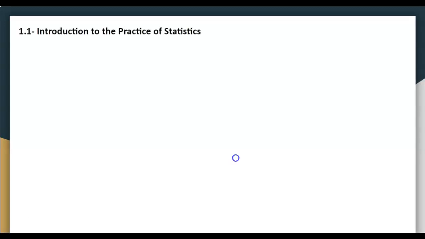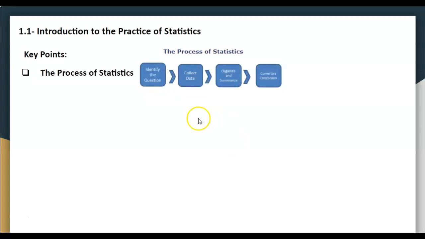All right, to summarize this section, we talked about some of the key points. First, the process of statistics. We learned that there are four steps in the process of statistics. That's identifying the question, then we collect the data, and then we organize and summarize those data, and then come to a conclusion.